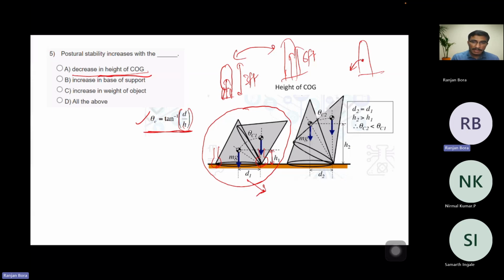So this question is about those conditions, like what happens to the postural stability if the COG height changes. We saw that if the COG height decreases, then postural stability increases.